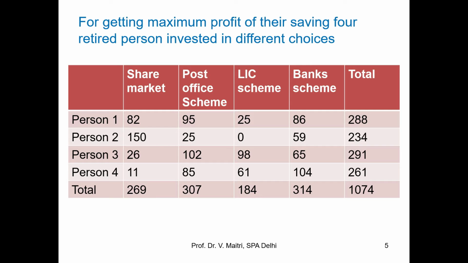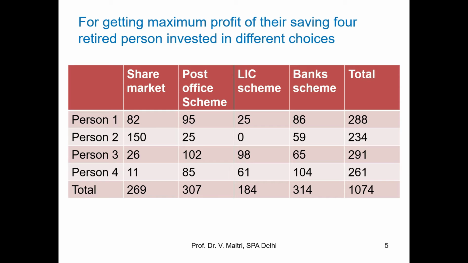At what time you require the money back is very difficult to know in the share market. Sometimes in the share market you will have a very high return, which is not possible in any other scheme. But when you require the money, nobody knows what the market situation or the economic condition of the country will be, or whether you will get back your original invested money or not.